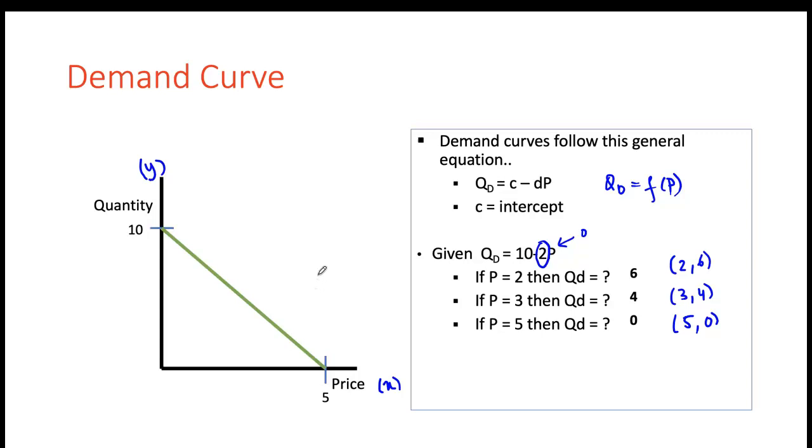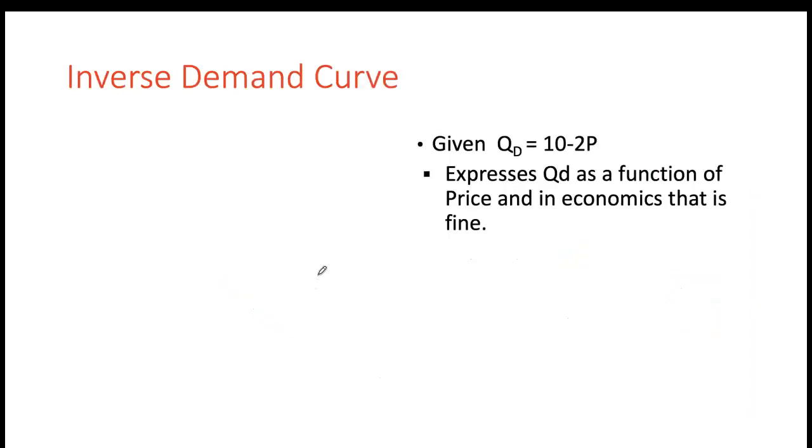But this is not how we drew our demand curves when we were looking at the analysis in chapter 3. In chapter 3, when we were drawing this, we solved for price as a function of quantity demanded in order to express that relationship on a diagram. And that is what we call an inverse demand curve. It's simply rearranging this relationship to represent it as price as a function of quantity demanded.